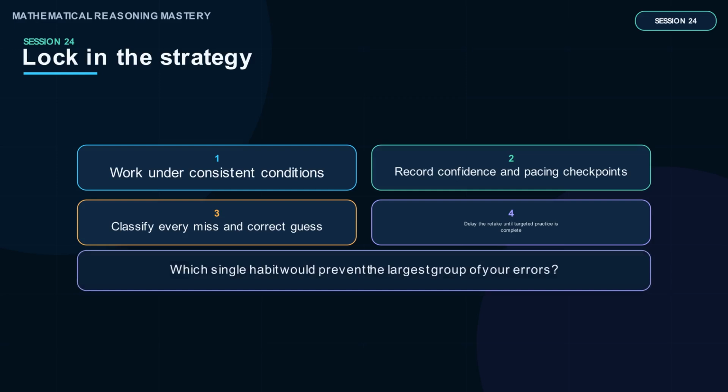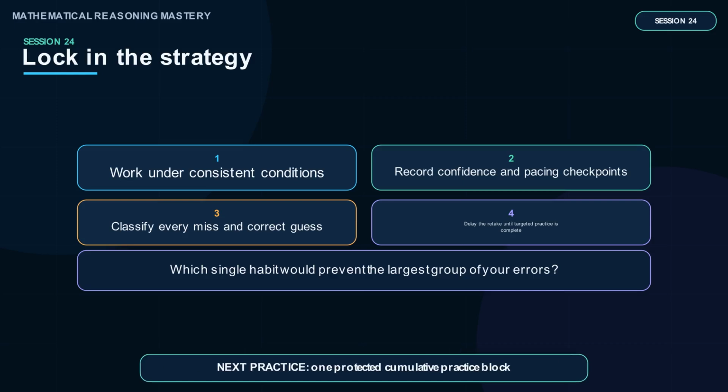Name the exact point where an incorrect path would first become visible. Practice one fresh problem in one protected cumulative practice block. Keep the work readable, verify independently, and carry the routine into the next session. Before moving on, close the notes and explain the method aloud from memory. Then invent one small variation, predict how the answer should change, and verify that prediction with a complete calculation.